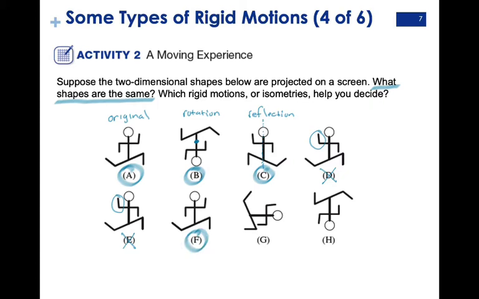And F would also be the same. It's actually exactly the same, right? So the identity, exactly the same thing. Nothing has changed here. So perhaps rotating it 360 degrees from the center. G, again, the hand orientation is off, so that would not be the same as our original.